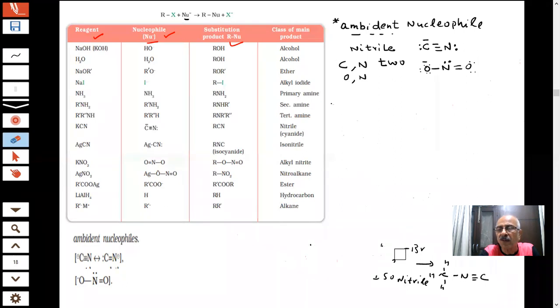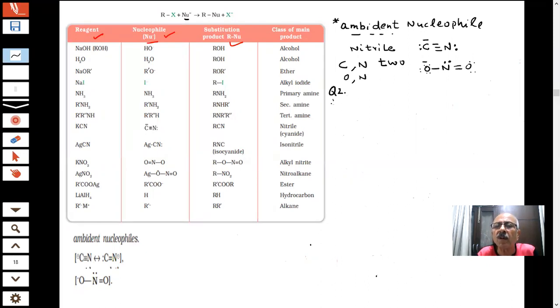Question number 2 is coming on the screen. We expect these are important questions, so give more time to important questions.